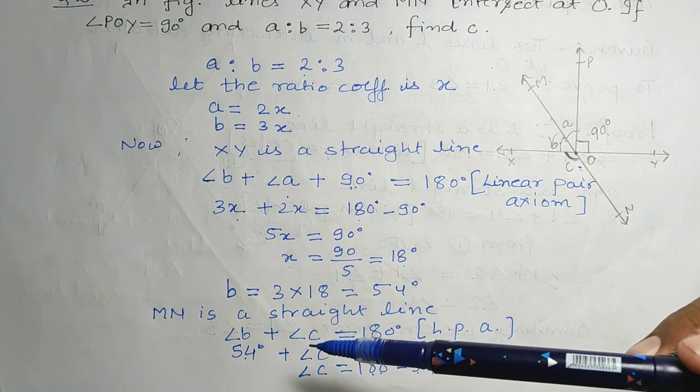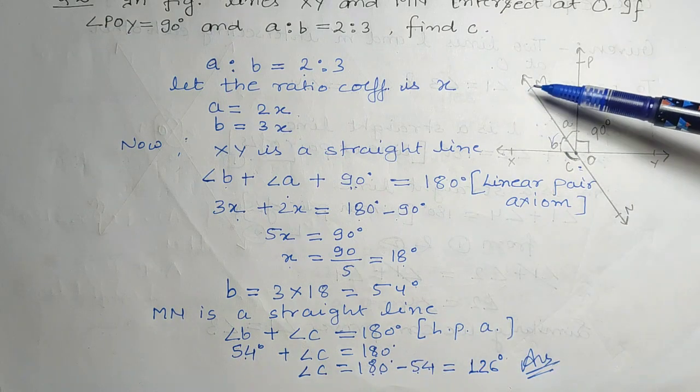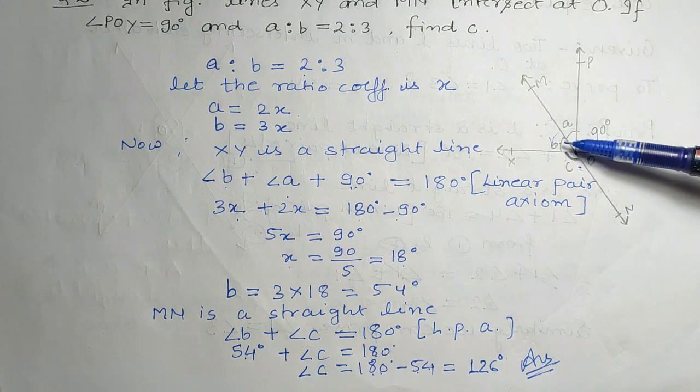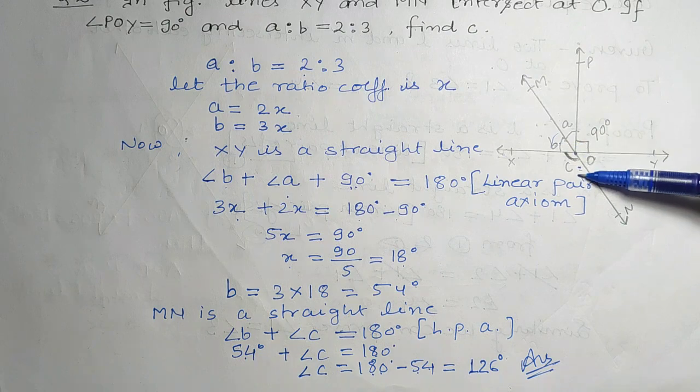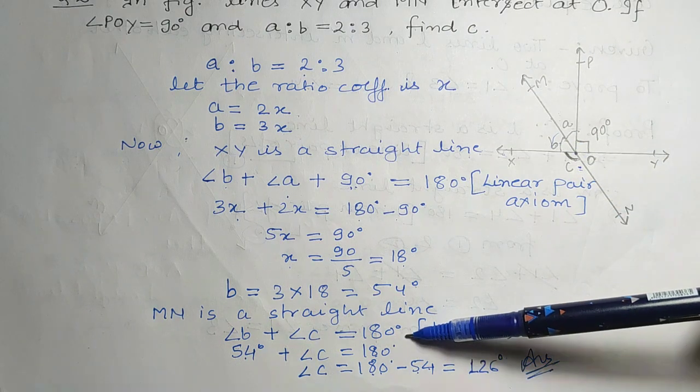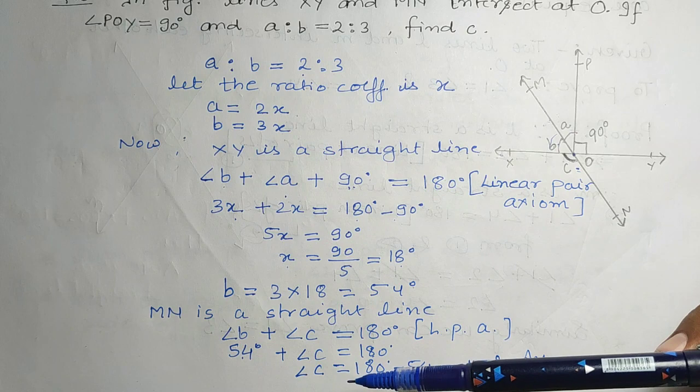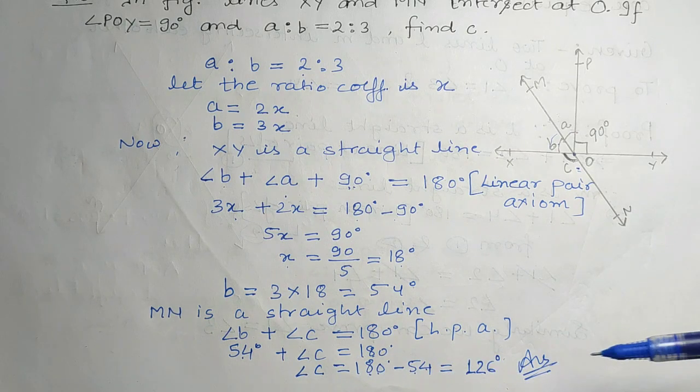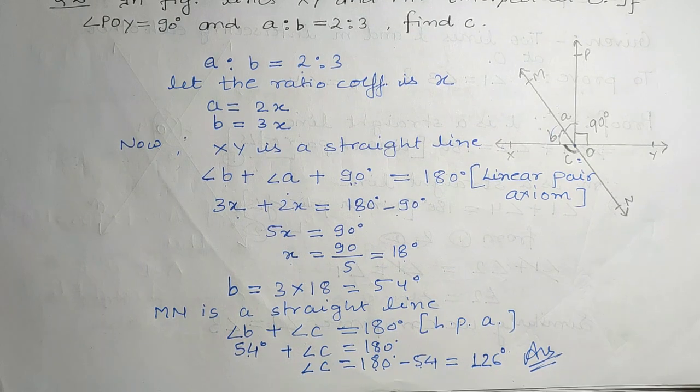MN is also a straight line, so the sum of B and C should also be equal to 180 degrees. So we put the value of B, and after that we got the value of C. So like this, students, we can solve this question.